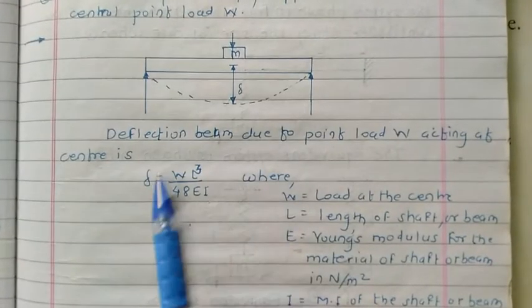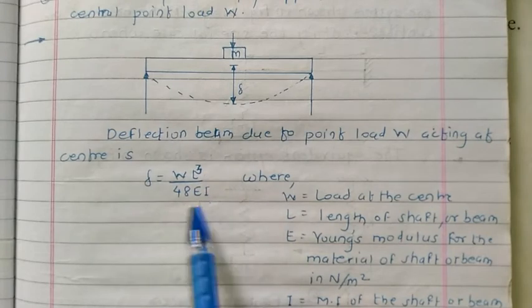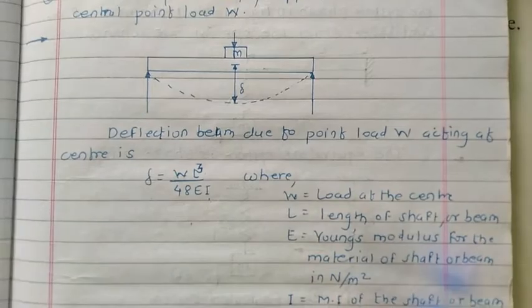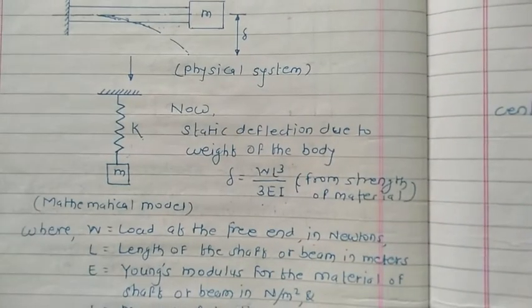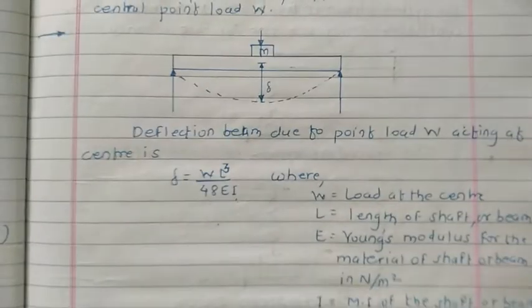Now in this case delta is WL cube divided by 48 into EI. If you compare with the previous one, where we had 3 EI in the case of the cantilever beam, in this case this is the result for the deflection.